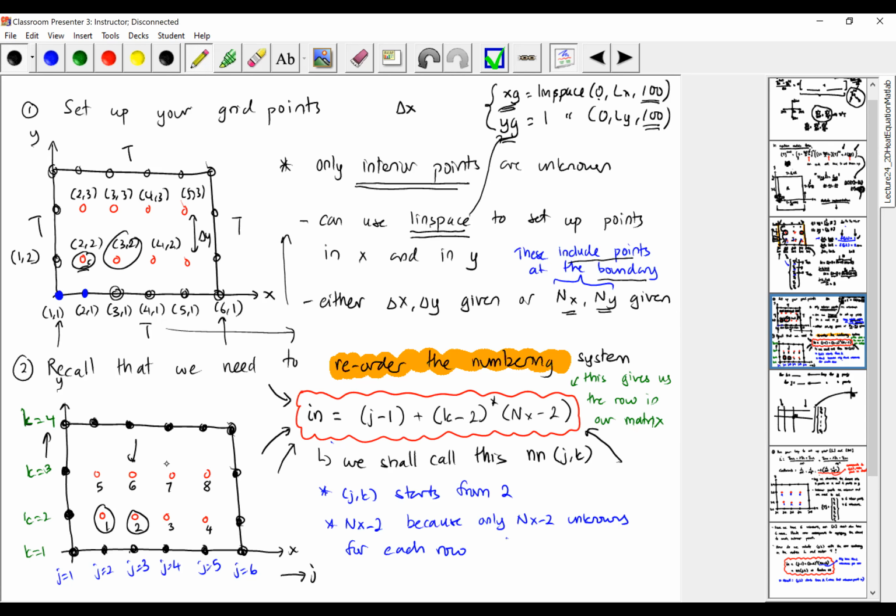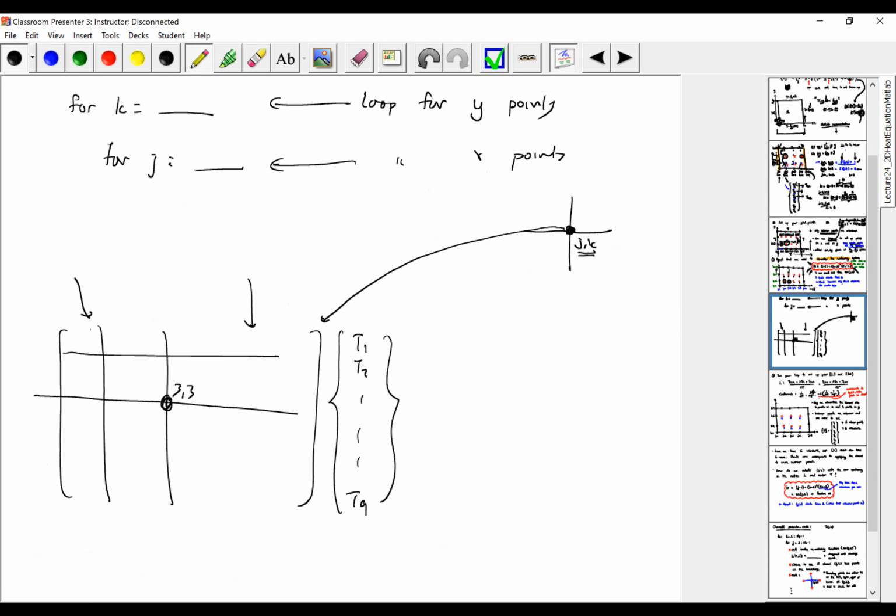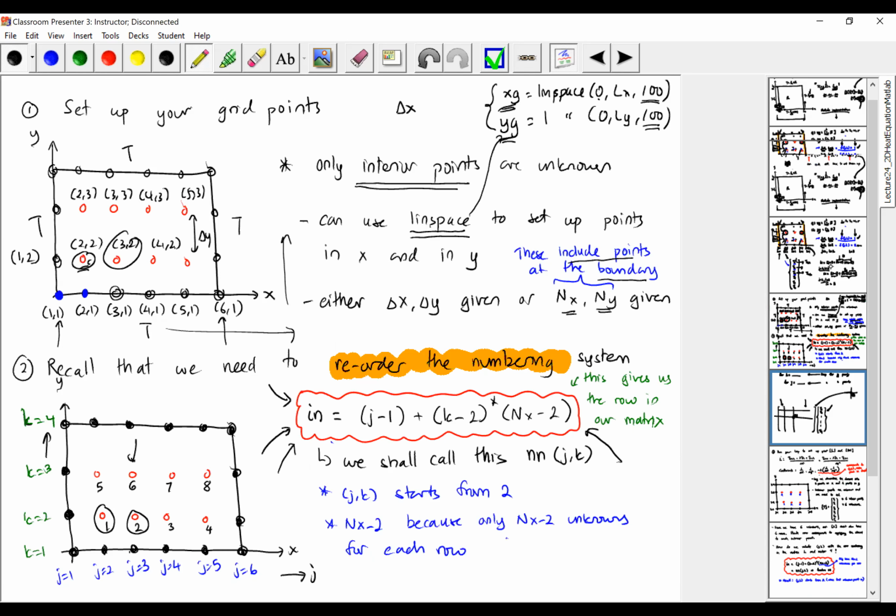If you have 8 unknowns, then you have an 8 by 8 matrix. So row 3, column 3 in this equation is not the same as J3, K3 in your coordinate matrix. Don't misunderstand that. Students get it wrong here because they confuse the grid points or the coordinate system in your grid with the matrix numbering system. Are we clear on that?